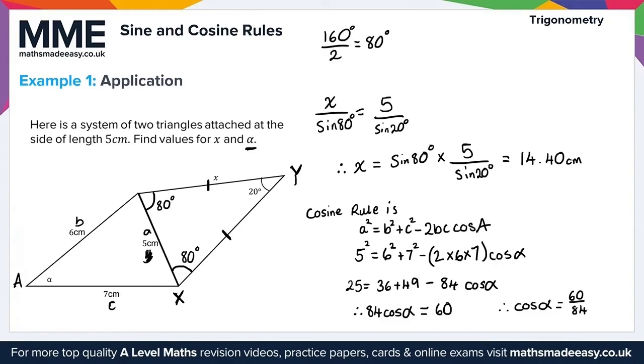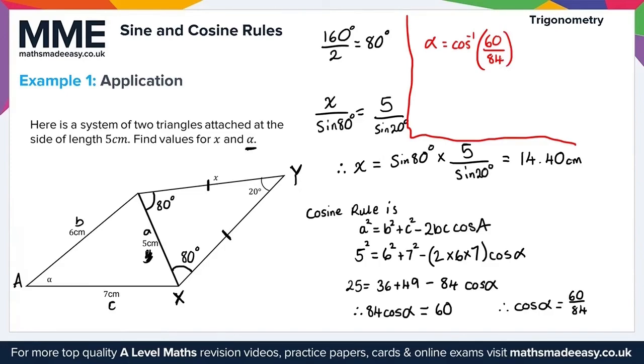And therefore, if we just want alpha now, all we simply need to do is take cos inverse of the left hand side and the right hand side. And if we do it in this box up here, just so we can see it clearly, therefore alpha is going to be equal to cos inverse of 60 over 84. So 60 over 84 here.